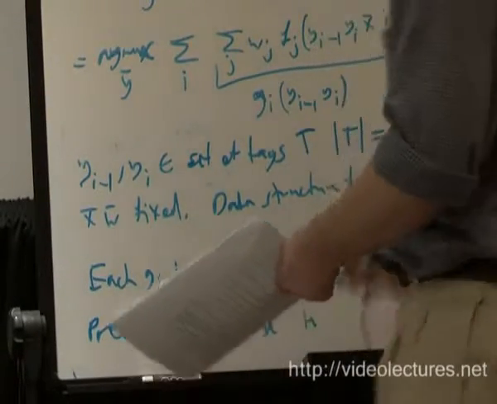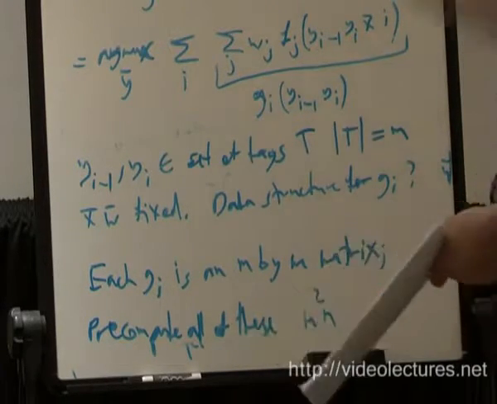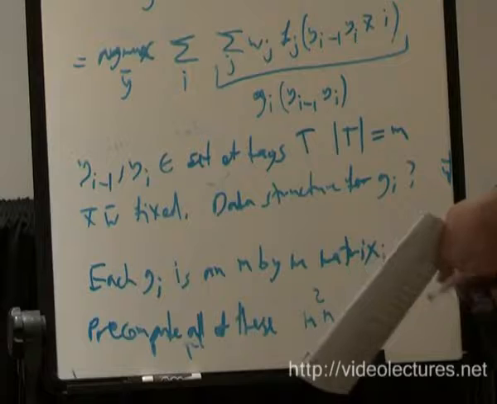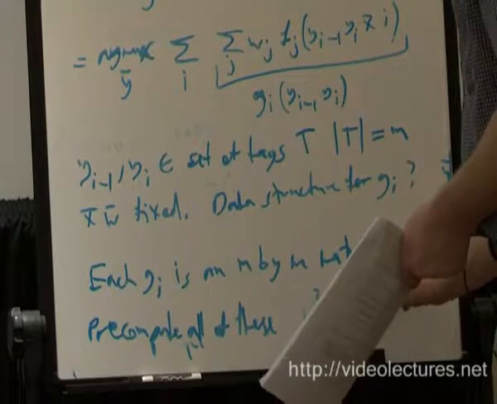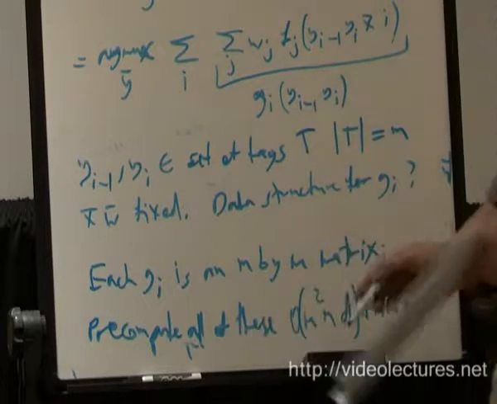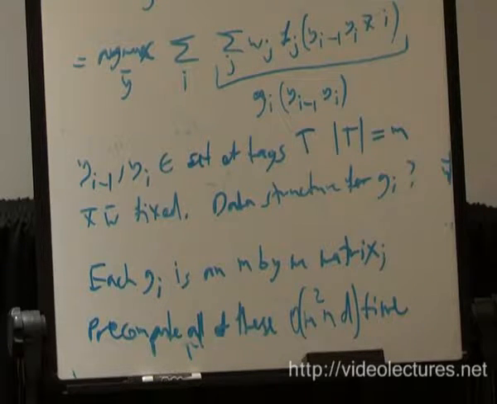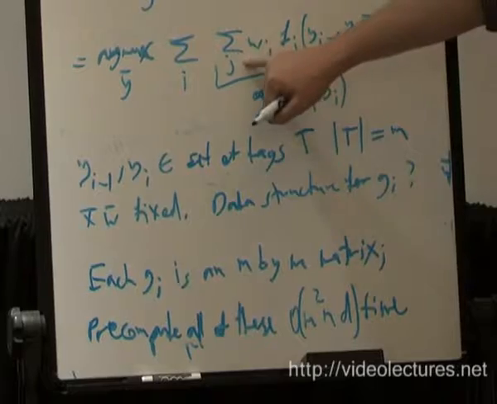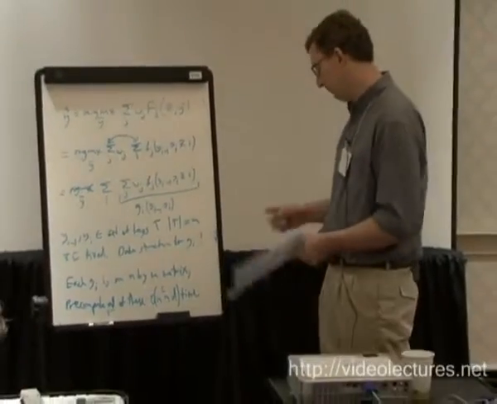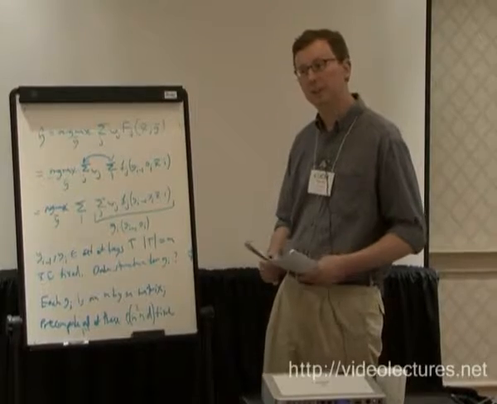That's m squared n d time. So there are n of these matrices. Each one has m squared entries. And each entry in the matrix is a sum over d little feature functions. So it's quadratic in m, but linear otherwise.